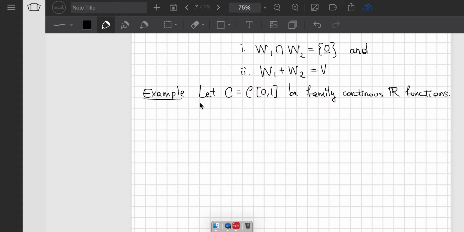And define f1(t) to be equal to t and f2(t) to be equal to t to the fourth for t belonging to [0,1].